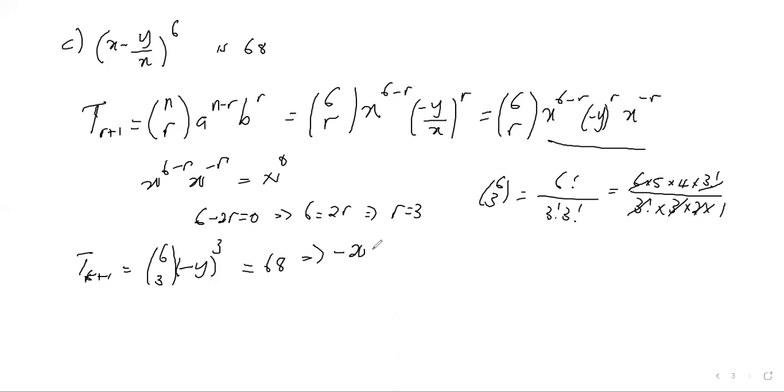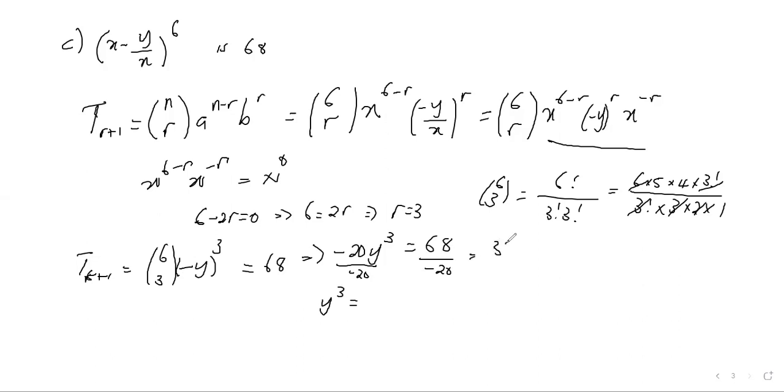So minus 20y power 3 is equal to 68. When you divide by minus 20, y cubed is equal to, we divide by 2 in 68. What do we get? We get 34 over 10.